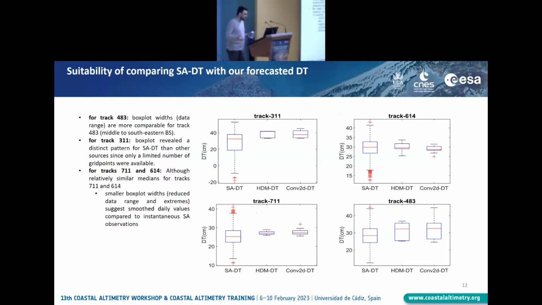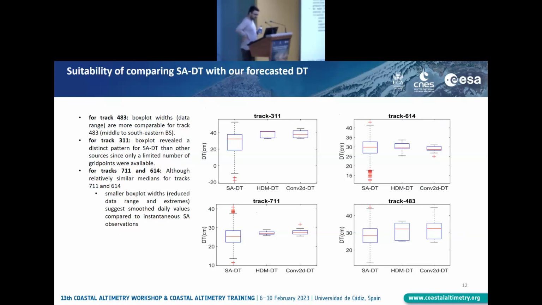So, to study the suitability of comparing our model with the satellite altimetry measurements, we compared different statistics between the original HTM model, our ConvDD model, and the satellite data for the previous tracks I mentioned. The statistics are the median, the red line in the box plot, and also the maximum and minimum extreme values.